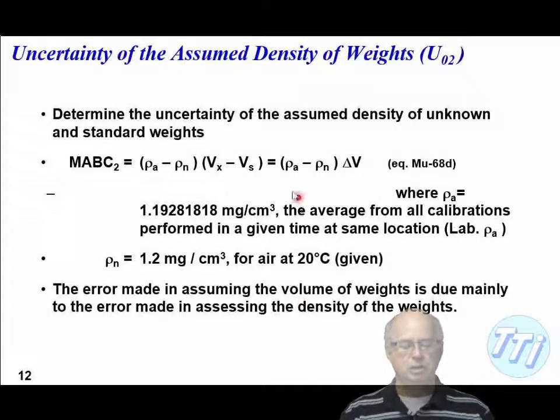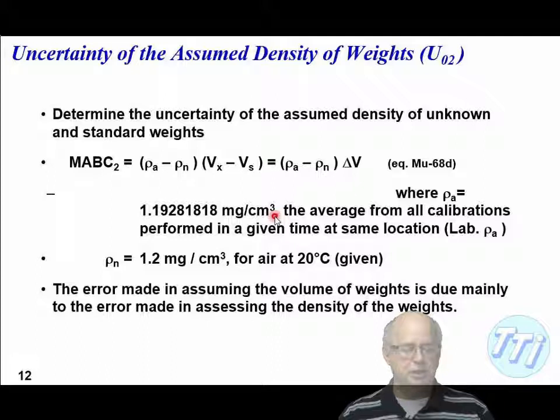We also need to find the uncertainty due to the unknown density of the unknown mass. So we saw before that we have a slight discrepancy potentially in volumes, and so now, due to the density differences, we can calculate the density times volume calculation for that as well, and we end up with this 1.19 milligrams per cubic centimeter.